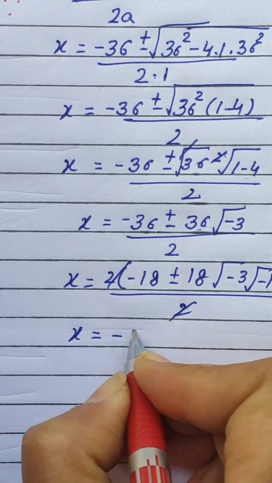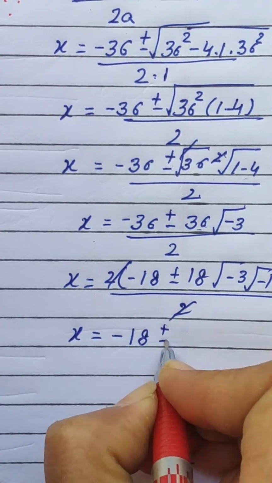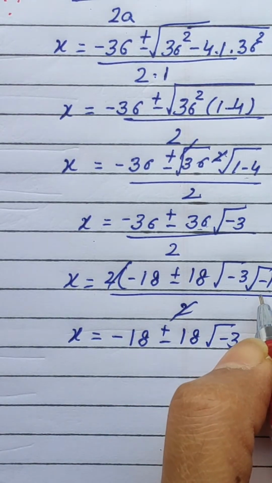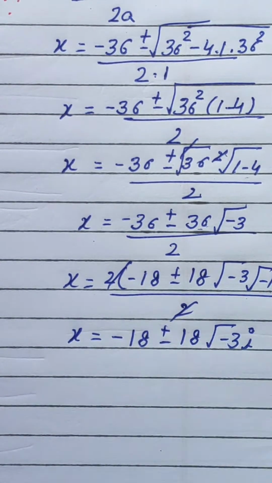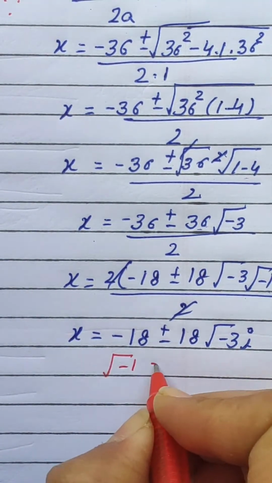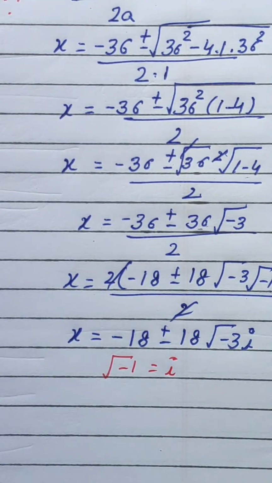So x is equal to minus 18 plus minus 18, root 3 and minus 1, we can write as i.